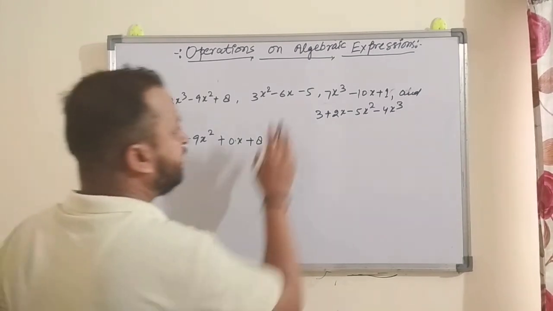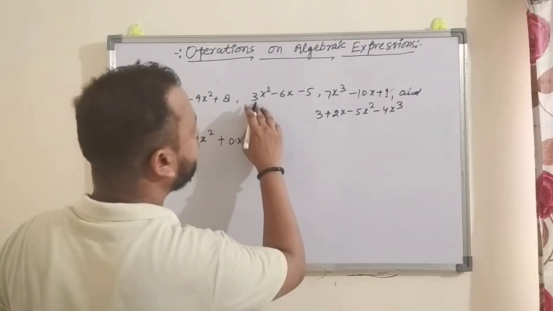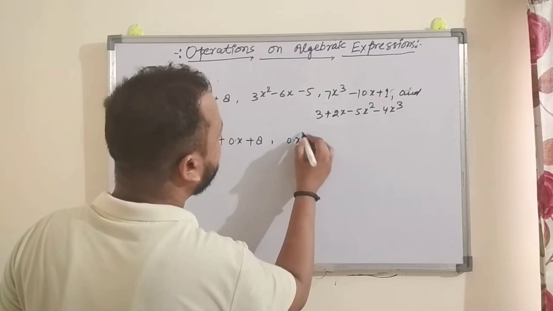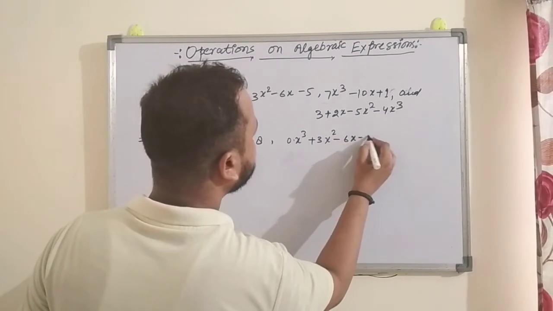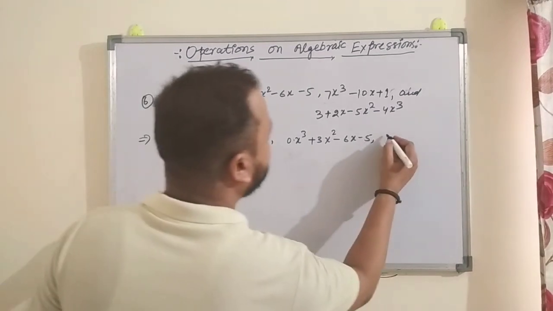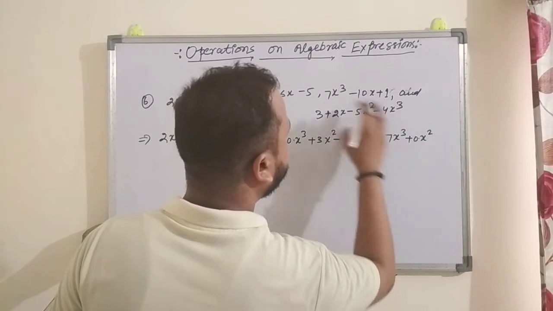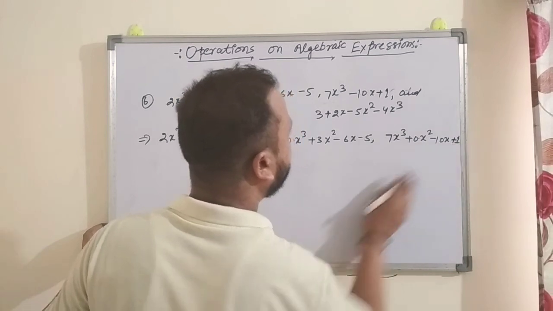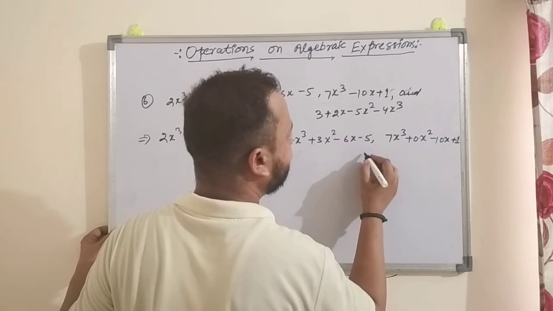Second term: here the x cube is not given, so 0 into x cube plus 3x square minus 6x minus 5. Next one is 7x cube plus 0 into x square, because the x square term is not given, minus 10x plus 1. And for the last one, all the terms are given, so write it in descending order.